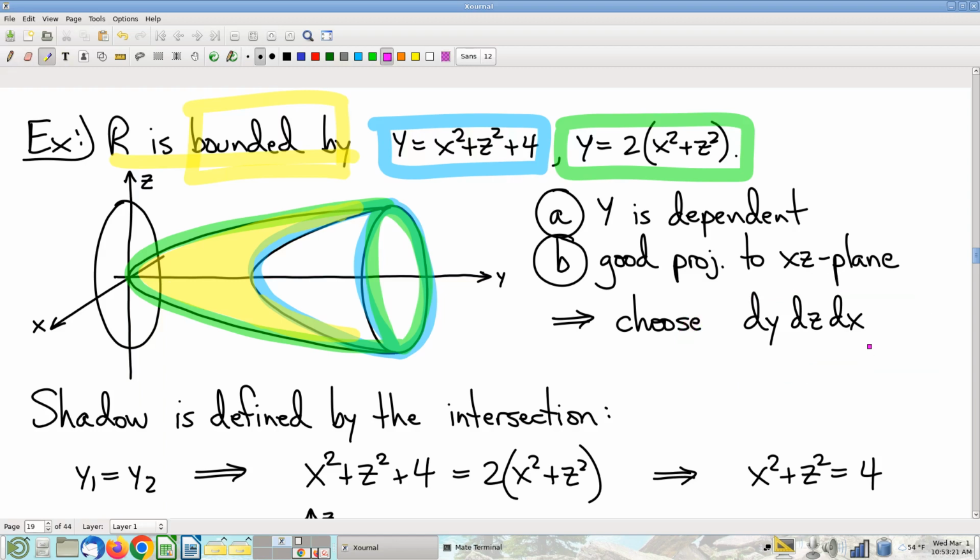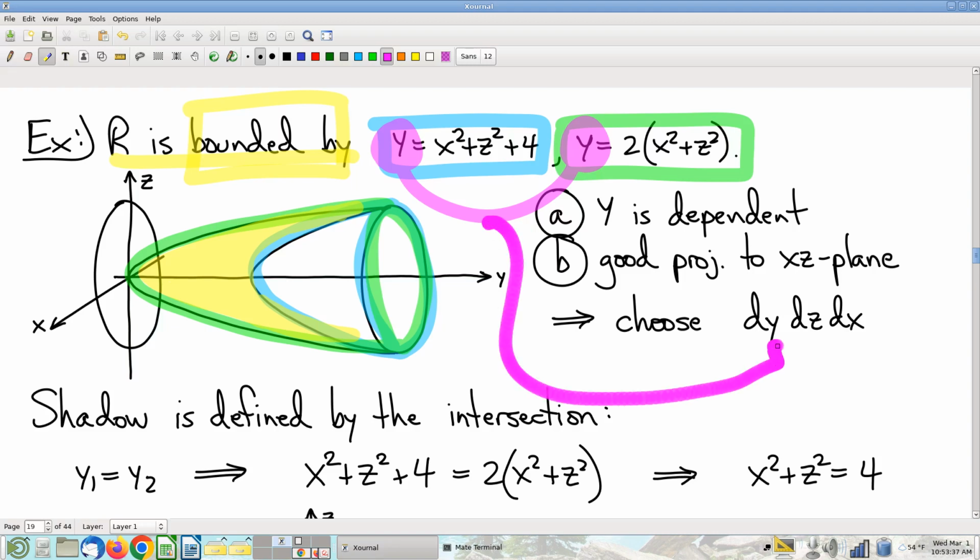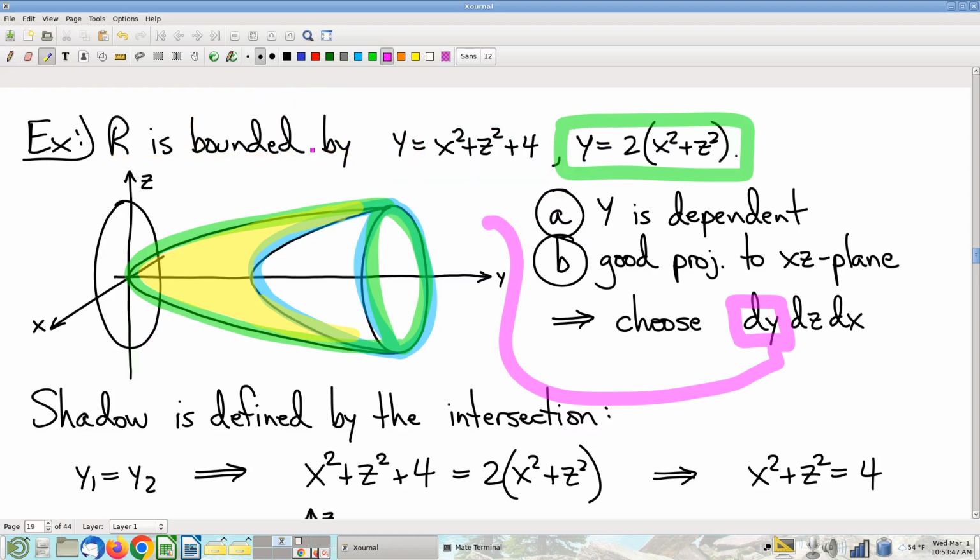One motivation is I notice that I really want to think of y as being a function of x and z, because that's how the algebra comes to me. That's how the algebra looks the nicest. Let's arrange for y to be a function of x and z, and to be compatible with that, we put y on the inside of x and z. Everybody good? Okay.